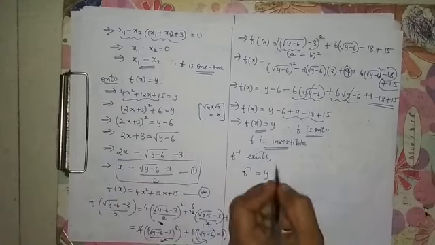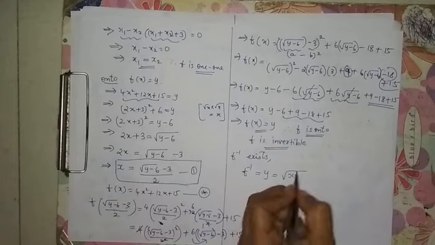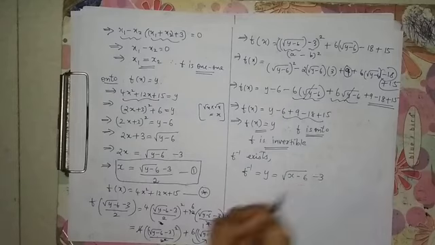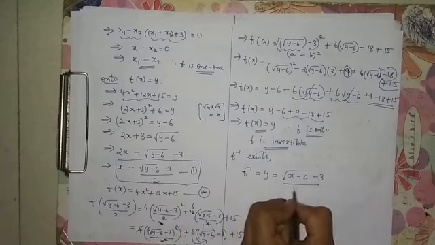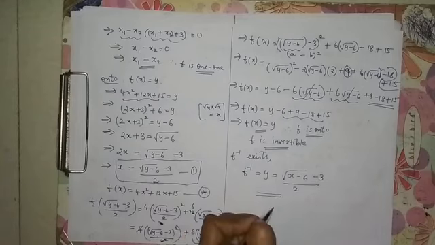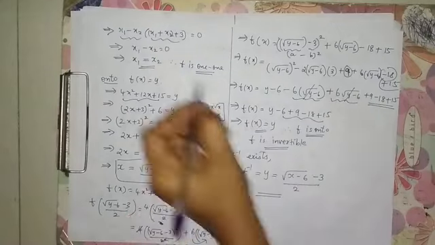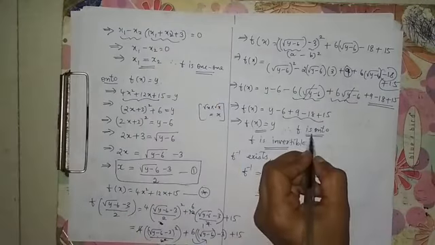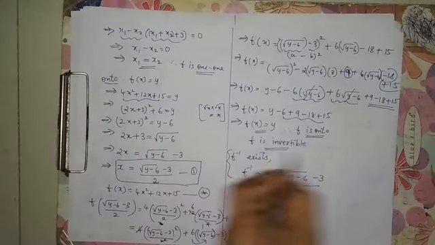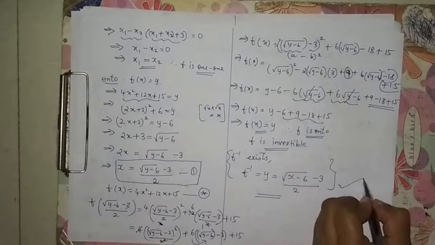Again here in the place of y you have to write x, so (square root of x minus 6 minus 3) divided by 2. So this is your f inverse. So we have proved that f is 1-1, f is onto and it is invertible, and we have found out what is f inverse of x.